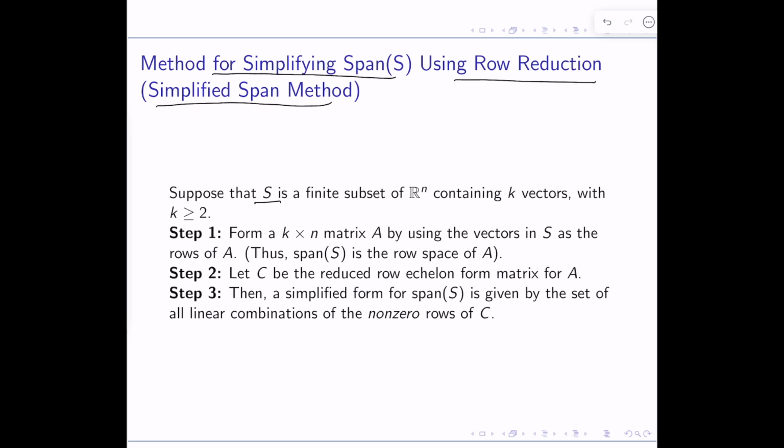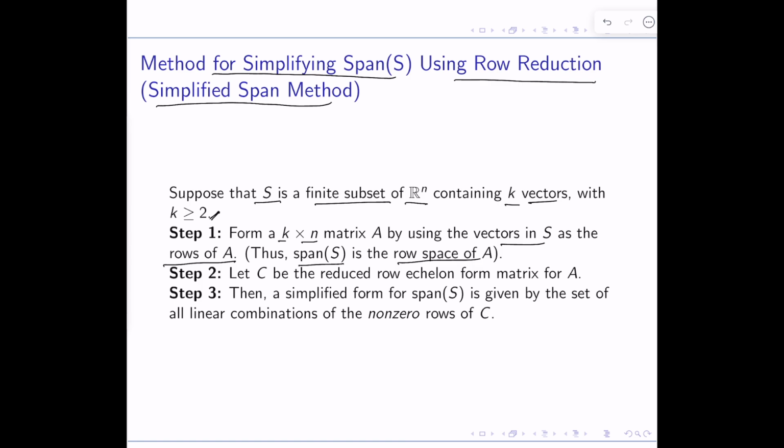So suppose S is a finite subset of Rn consisting of k vectors, k greater than or equal to 2. Then form a k by n matrix A using the vectors of S as the rows of A. Whatever vectors are given, you just write them in the rows of A. Then the span is the row space of A, right?